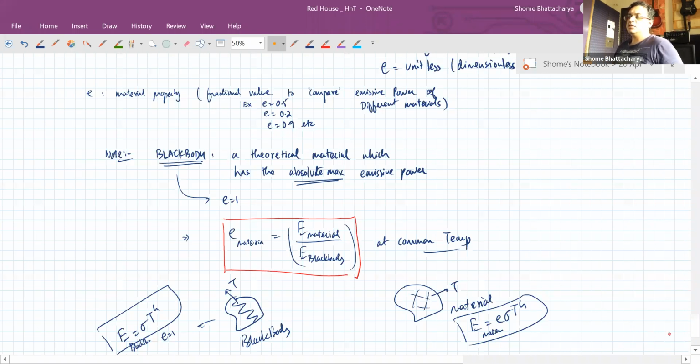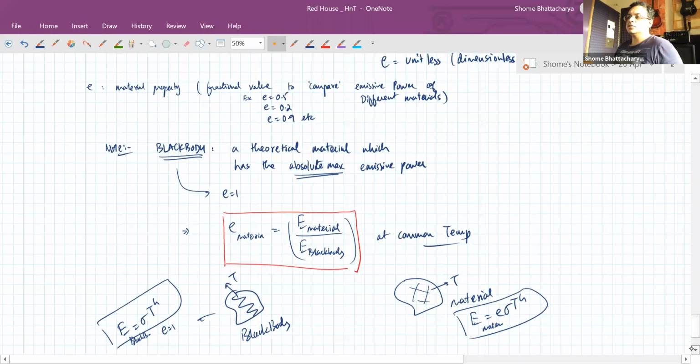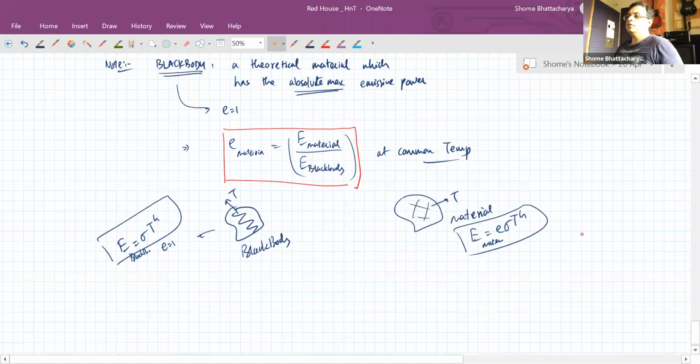Whereas sigma over here, Stefan's constant, is a universal constant. You don't need to memorize the value of sigma. It will be given to you in the question paper with the other constants.